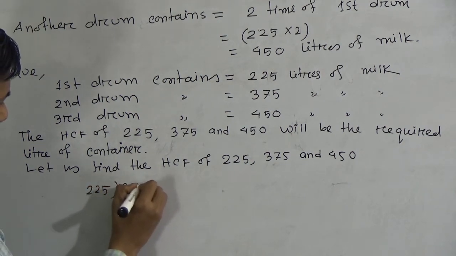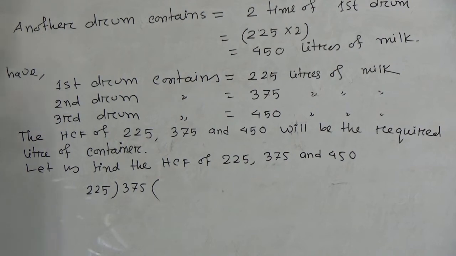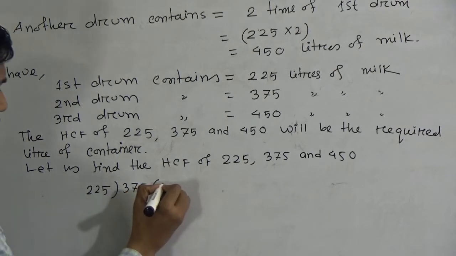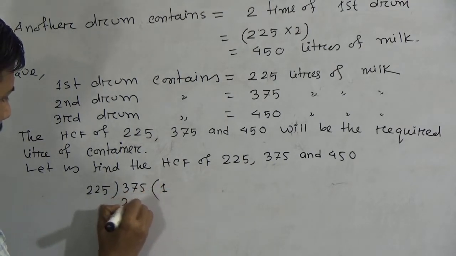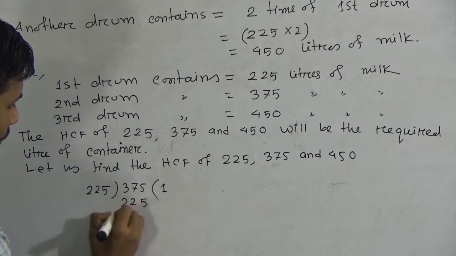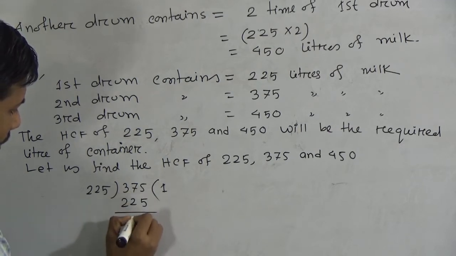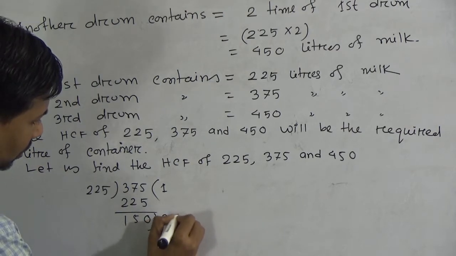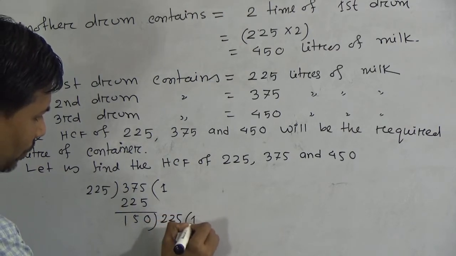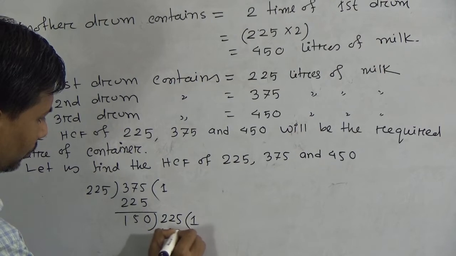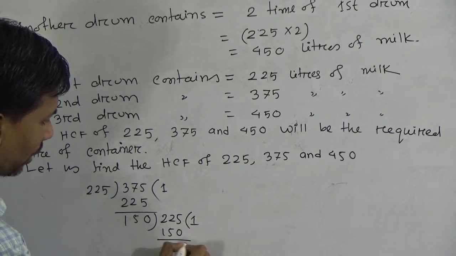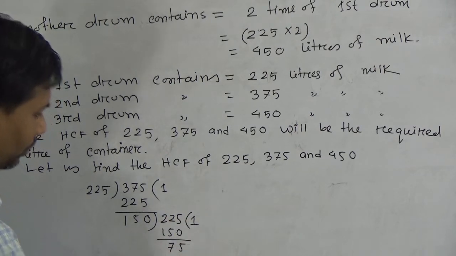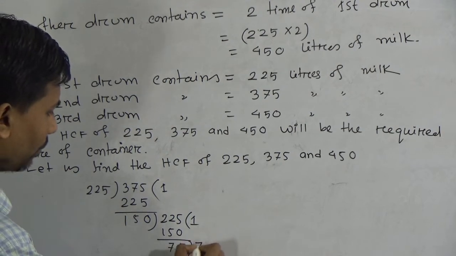By 375, we use a division method or Euclid's method to solve HCF. Now it goes 1 time. Now subtract. Now it goes another 1 time. Now subtract 5, 7. Now again divide.